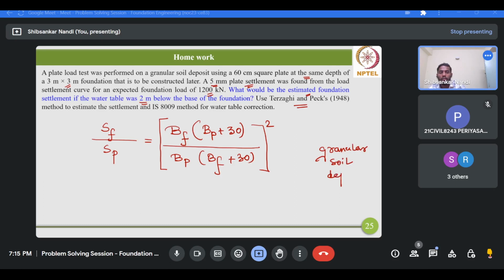You should incorporate these values in the expression, then only you can get the correct answer.